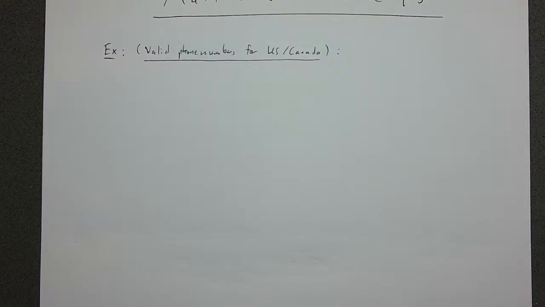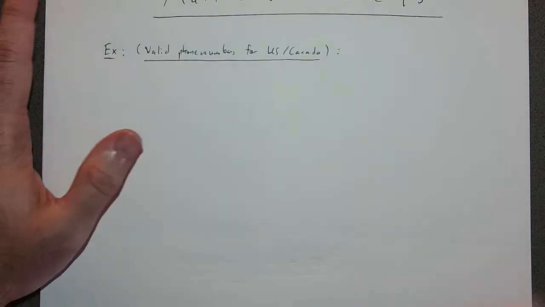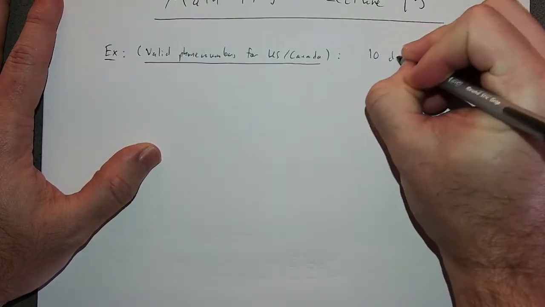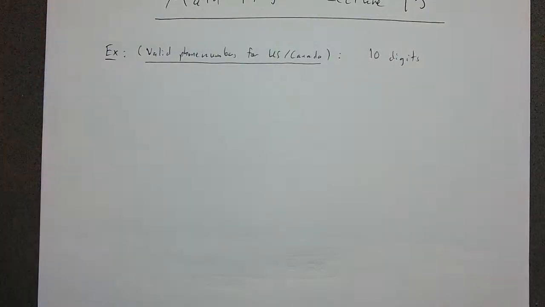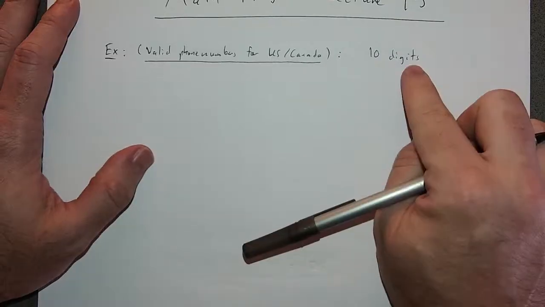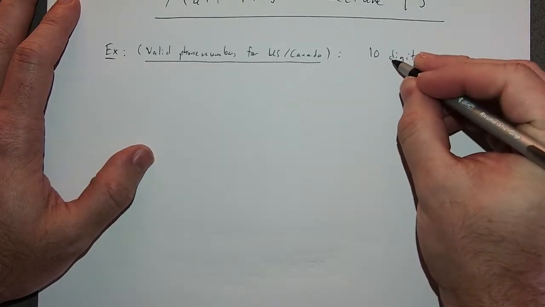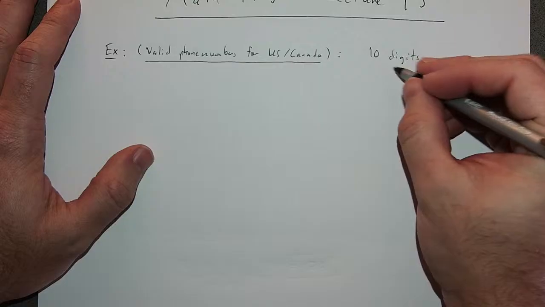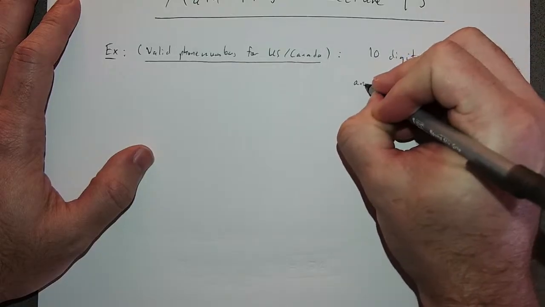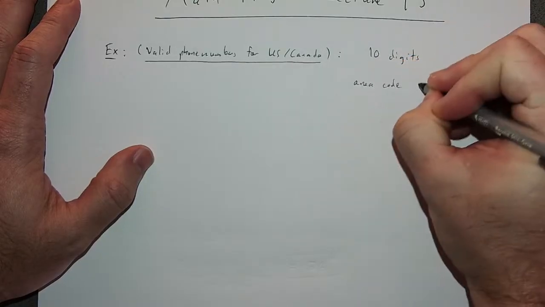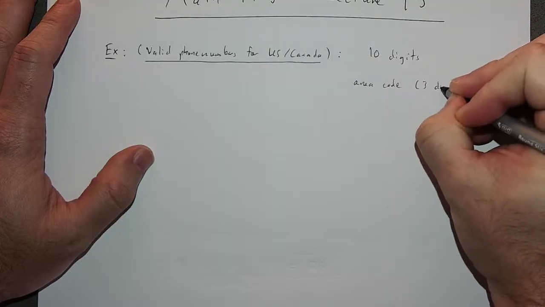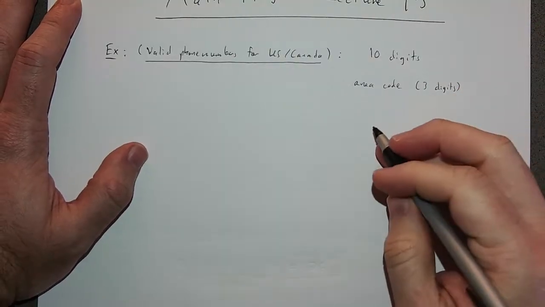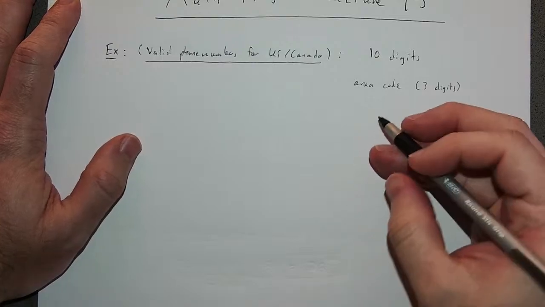Under the North American numbering plan, a phone number has 10 digits, which is an area code, an exchange, and a station code. The 3-digit area code cannot begin with a 0 or 1.